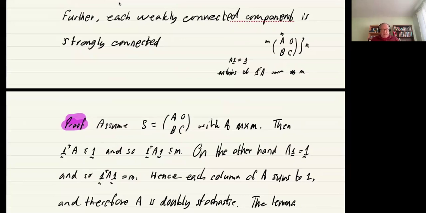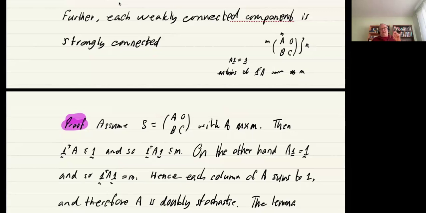The first thing is that the sum of each column of S is 1. It's doubly stochastic. So the sum of each column of A is less than or equal to 1. Nothing clever in that. Okay, and so that means that the sum of the entries of A is at most m. On the other hand, the sum of any row of S is 1, and so each row of A sums to exactly 1.